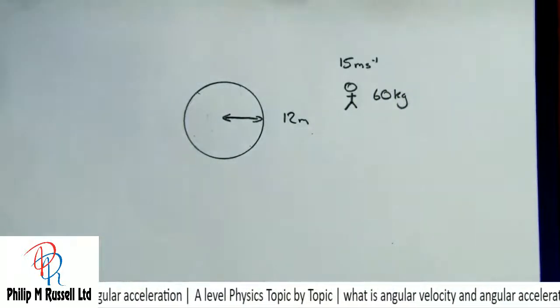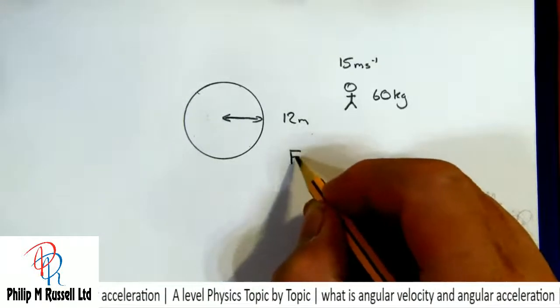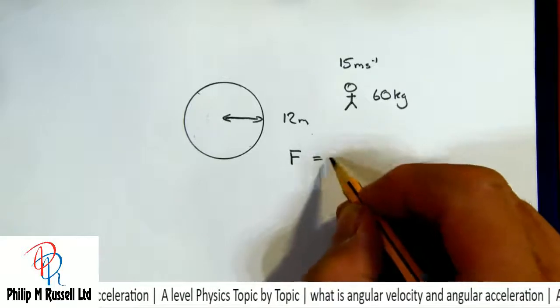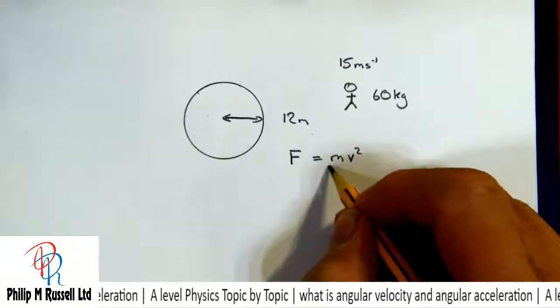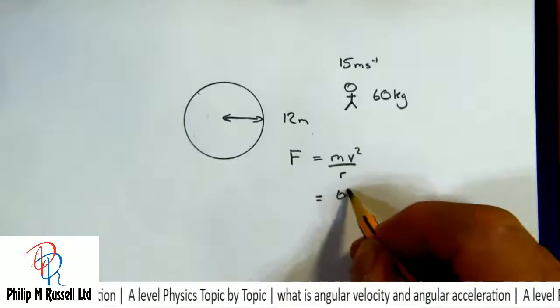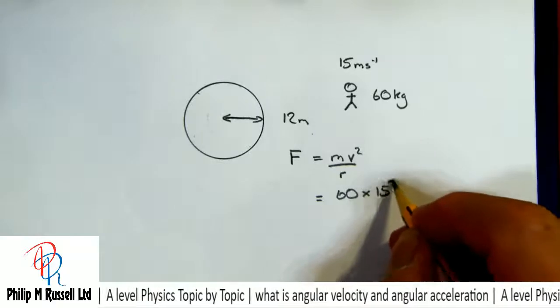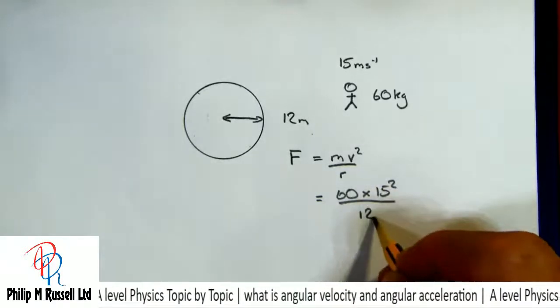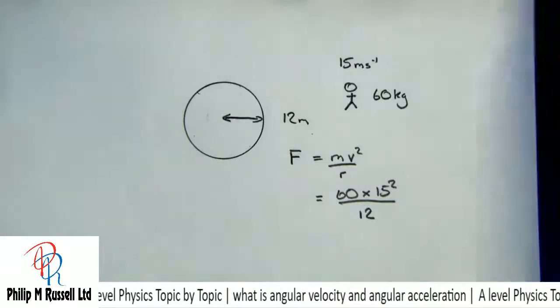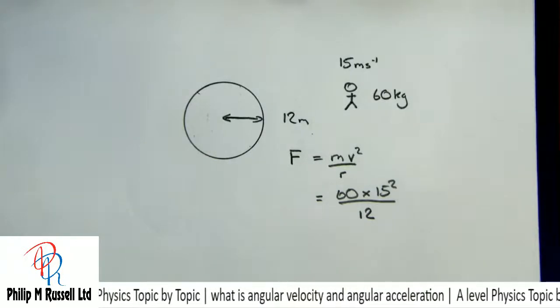So let's work out what we've got. Simply, our force here is going to be mv squared over r, which is going to give me my mass, 60, times 15 squared over 12. And for this we're going to need to do a calculation.